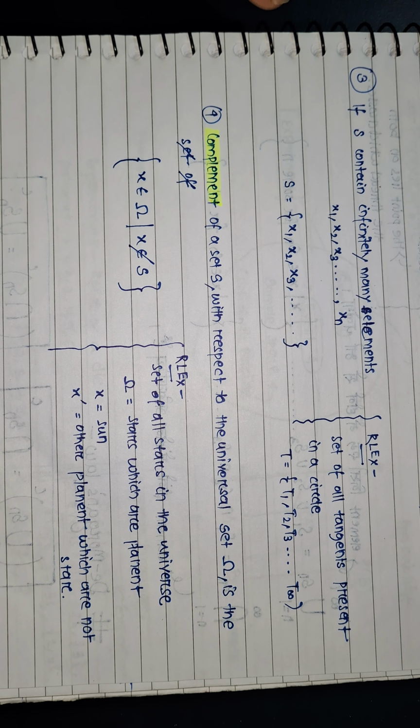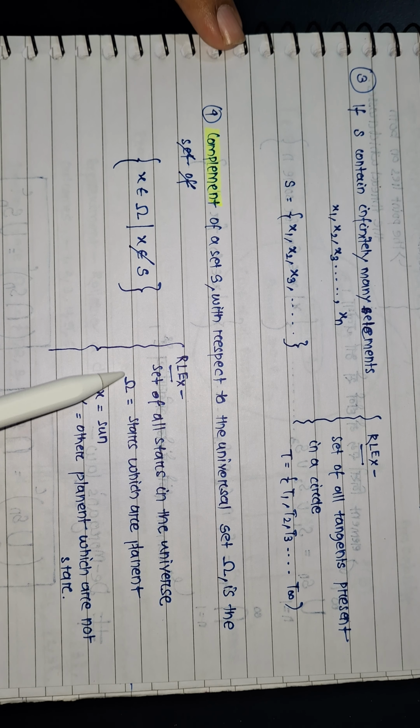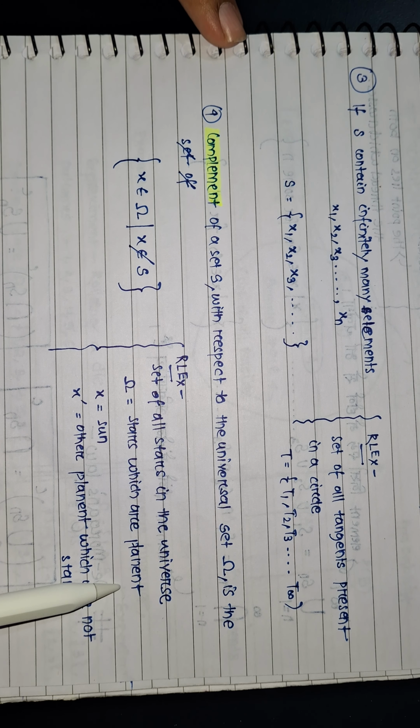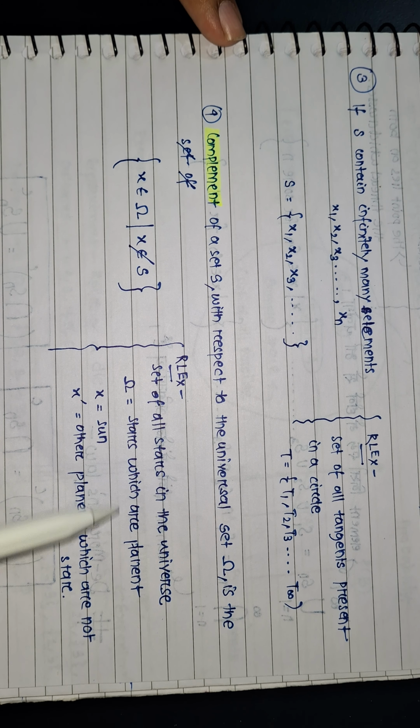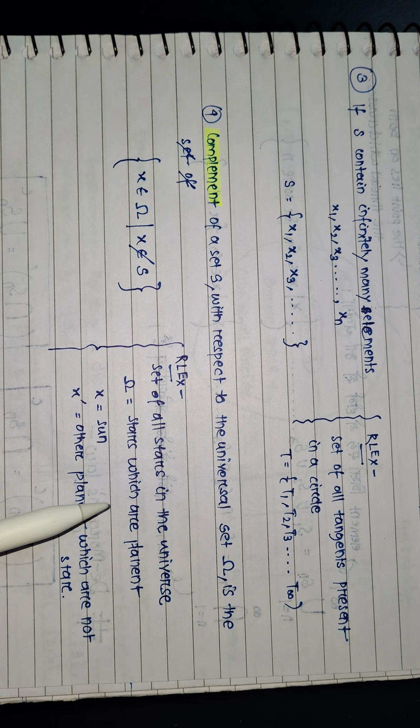Suppose omega is the set of all the stars which are planets, and X is the sun, and the other planets are not stars.